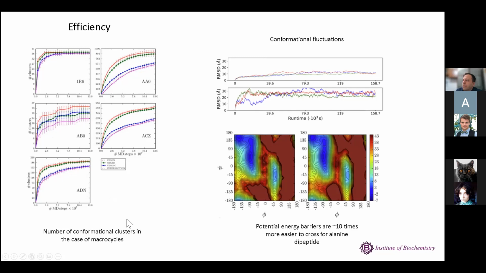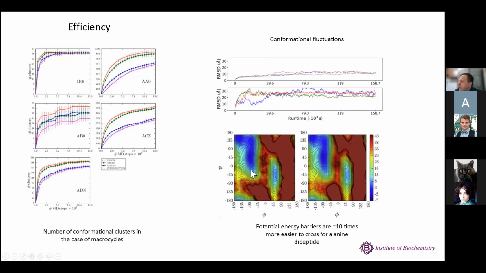So this is a way of getting the efficiency by just counting the clusters that you get once you simulate a molecule. Another way to quantify the success of the method was to represent the root mean squared deviation of the structure as the simulation time went on.